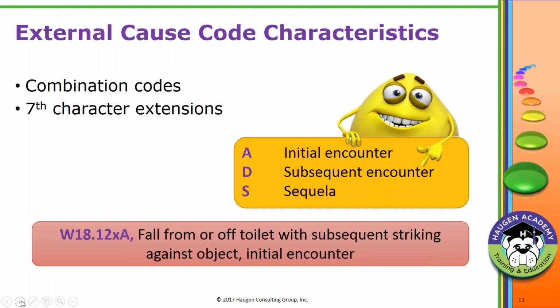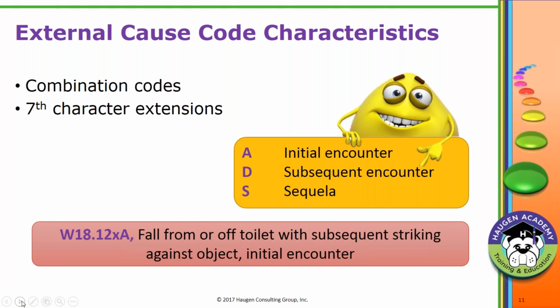As I mentioned earlier, we do have some external cause codes that are combination codes that account for what they call sequential events that result in an injury, kind of like we talked about before, a domino effect. So here's an example on your screen: W18.02XA.